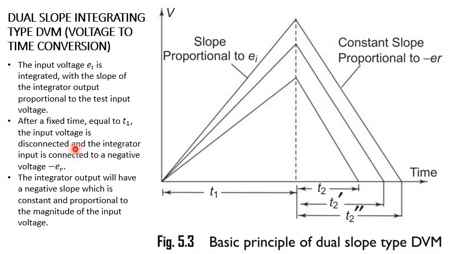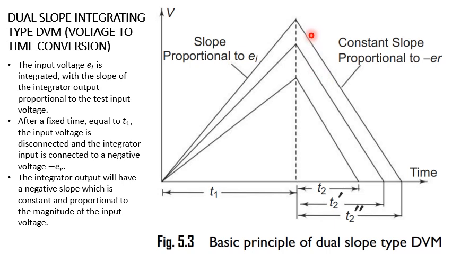The integrator output will have a negative slope which is constant, proportional to the magnitude of the input voltage, which here is minus ER.